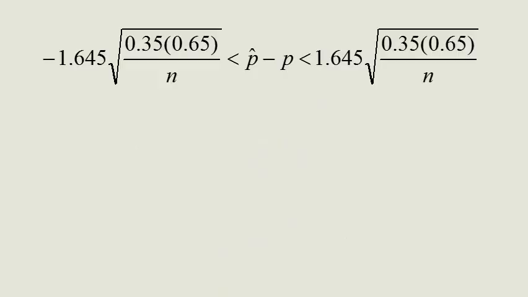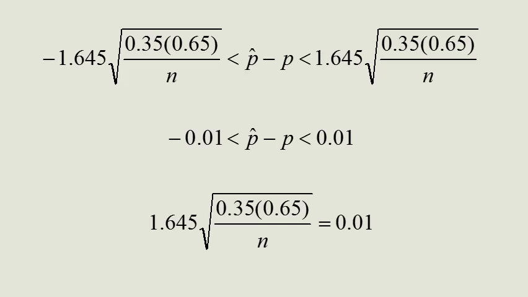Now we should multiply through the equation by the square root in the denominator. And the question says that we want p-hat to be within 0.01 of p. So that means that the half-width must be set equal to 0.01. We can now use this to solve for n.